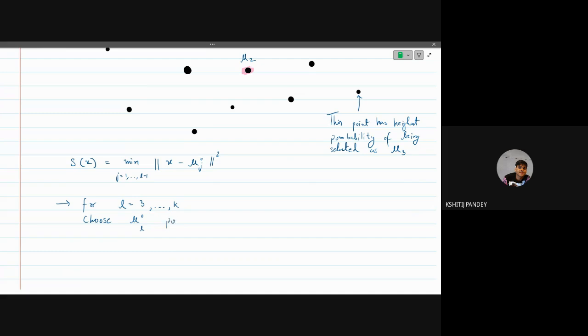Higher the score, higher the probability of the point being selected as mean.